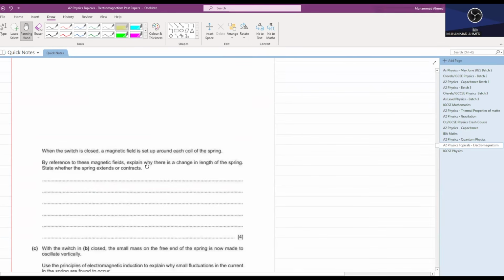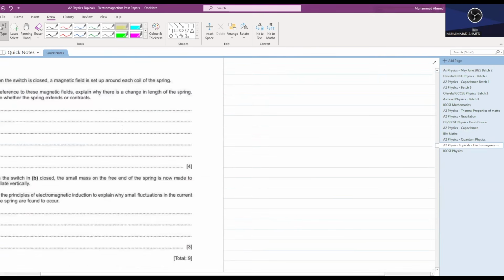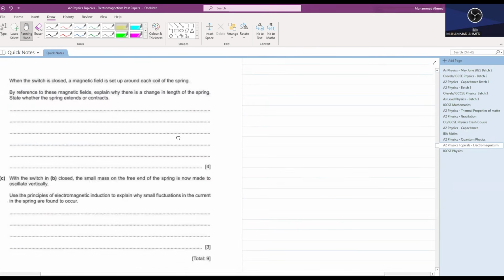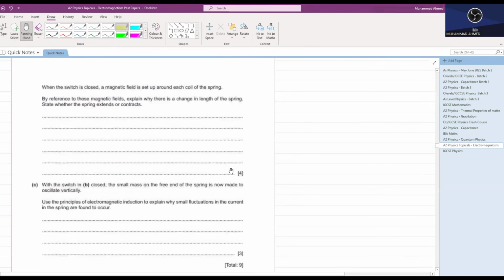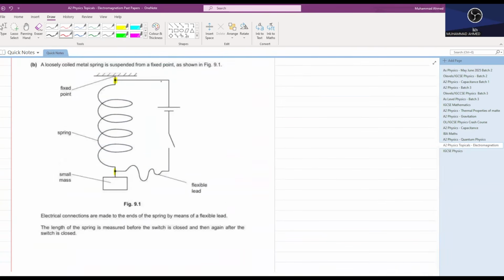When the switch is closed, a magnetic field is set up around each coil in the spring. By reference to these magnetic fields, explain why there is a change in length of the spring. State whether the spring extends or contracts. I think we have done a similar question earlier. So I will just write key points here.